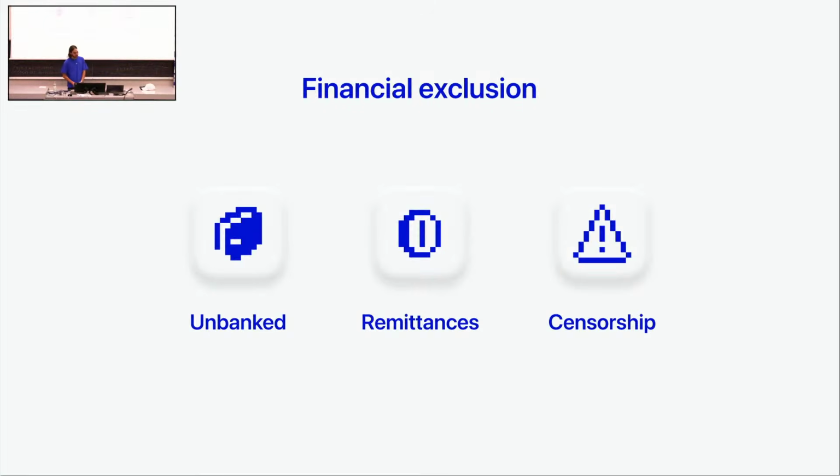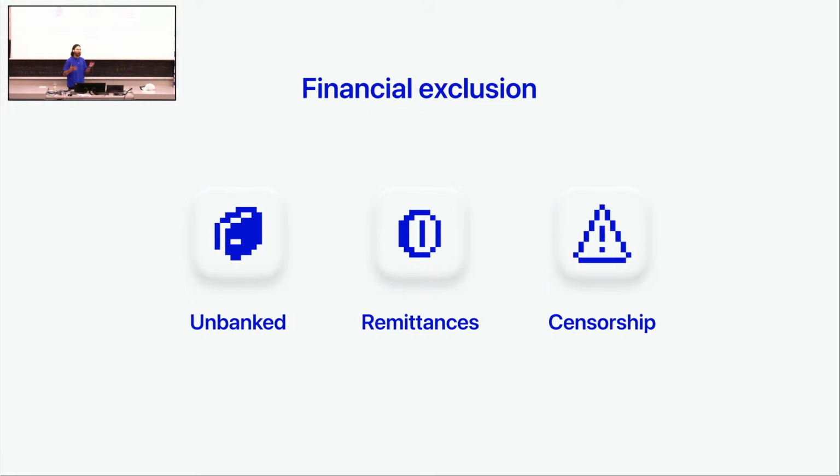Then there is this thing, remittances. Some of you, maybe the foreign guys, know what it is. It means that when you are an immigrant in another country, you often send money to your family, which is still in your original country. This is called remittances, and now it's a 1 trillion business.